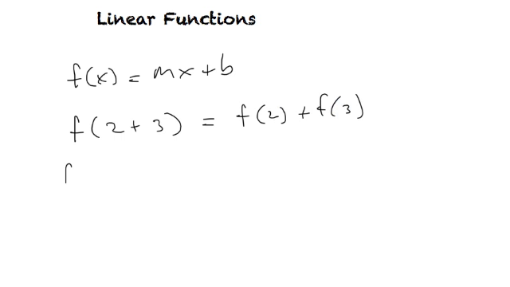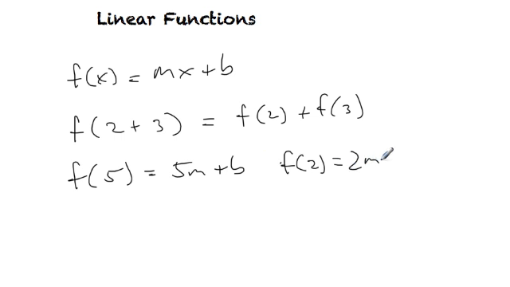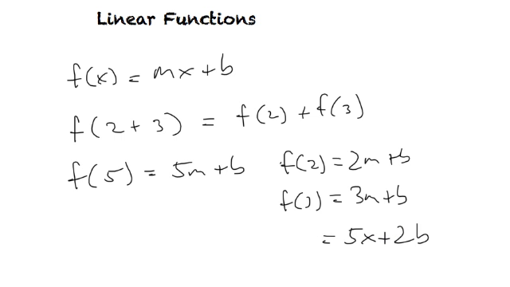So let's find out if that's the case. F of 5 is just 5m plus b. F of 2 is 2m plus b, and f of 3 is 3m plus b. If I add those, I get 5m. Wait a second. I get 5m plus 2b. Interesting.